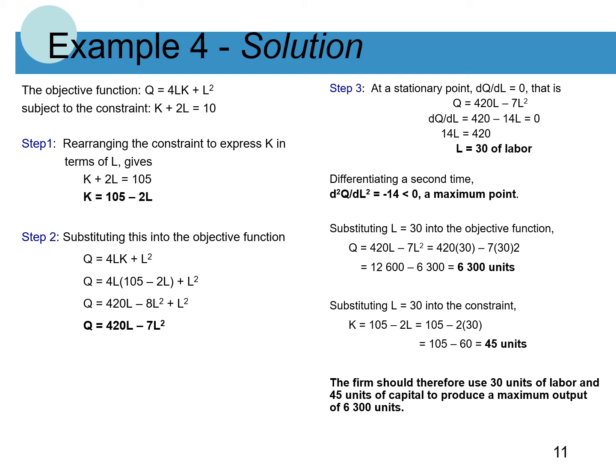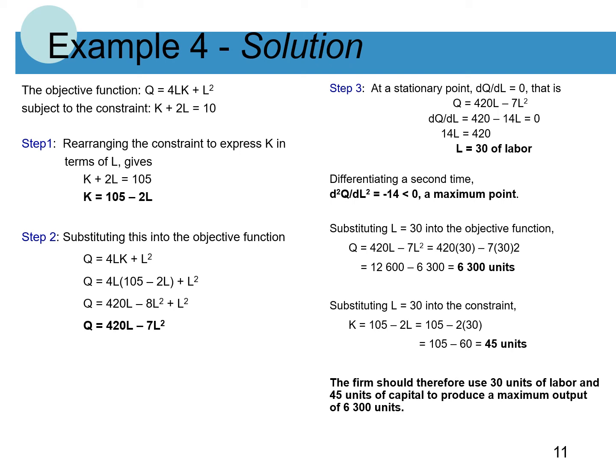But for the constraint, in the question it mentions that a firm's unit capital and labor costs are 1 and 2 respectively, and the levels of K and L are achieved when the total input costs are fixed at 105 ringgit. So based on this information, we create the constraint function that is given as K.